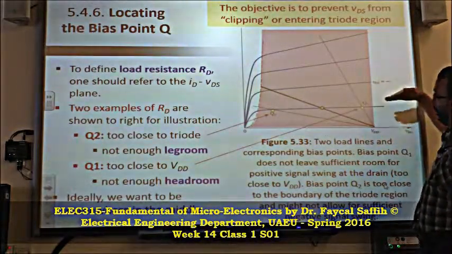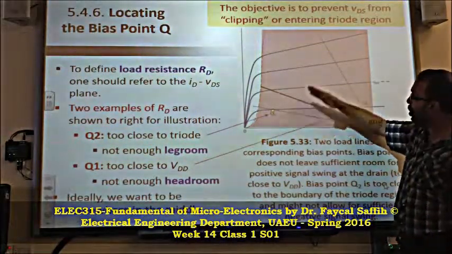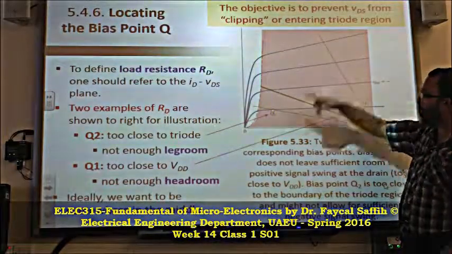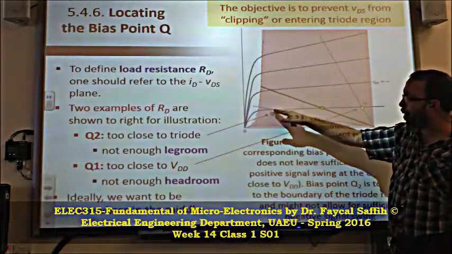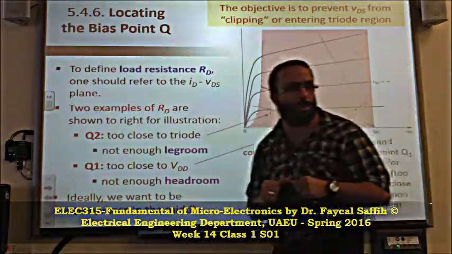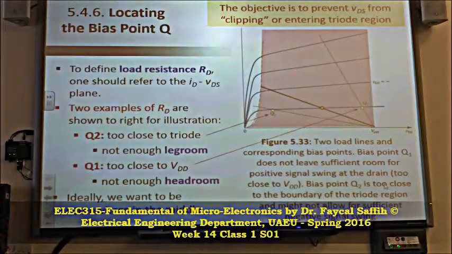If VGS is set at this level and I change RD, I can put my operating point either here, or here, or here. That's how we control the operating point. Got it?